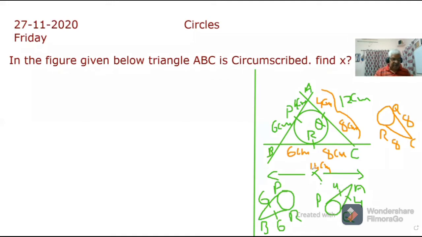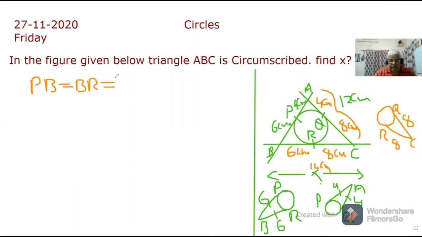How to write the steps? First, watch PB. Okay, dear children, observe. The PB measurement will be equal to the BR measurement.